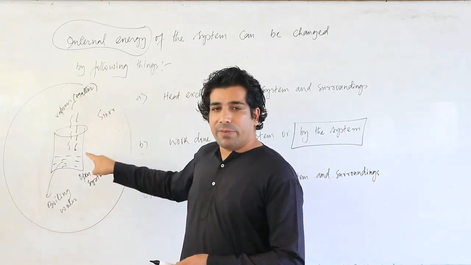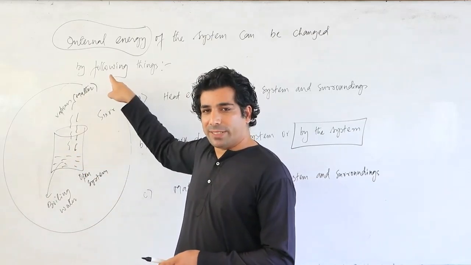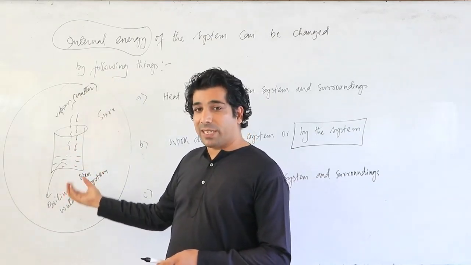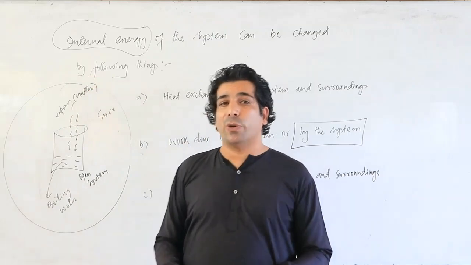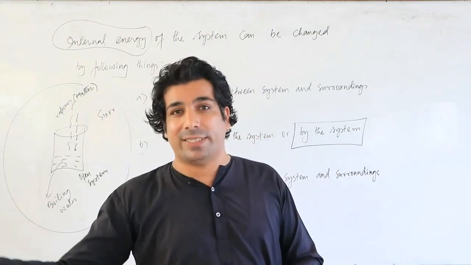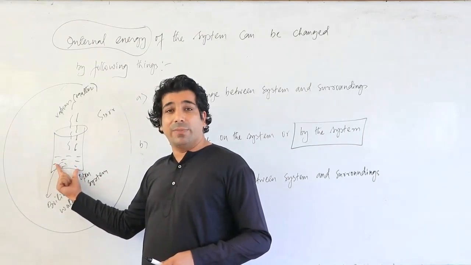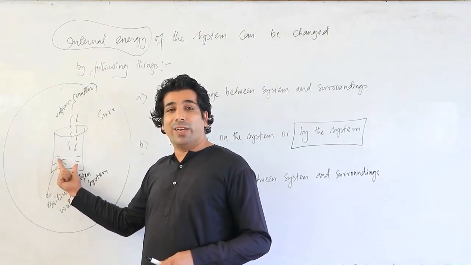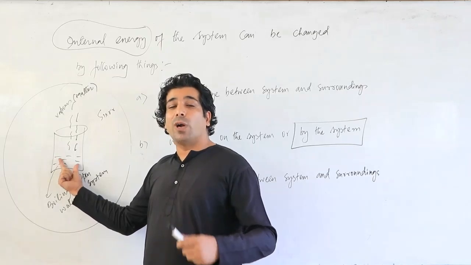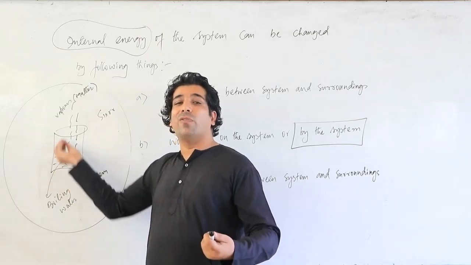So matter is coming from the system into the surroundings. That means water vapors are coming out. That means matter is going from system to surroundings. That means the quantity of water inside will become less, because this boiling water has lost its quantity in the form of vapors.